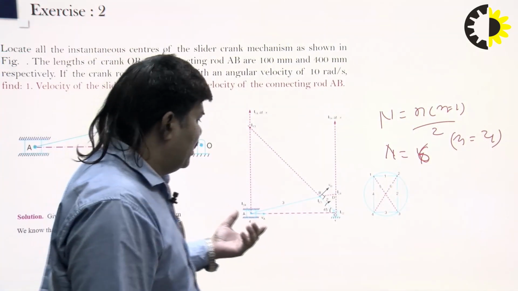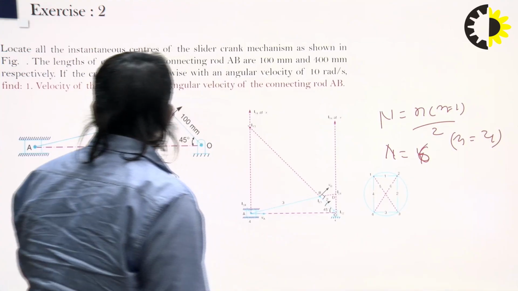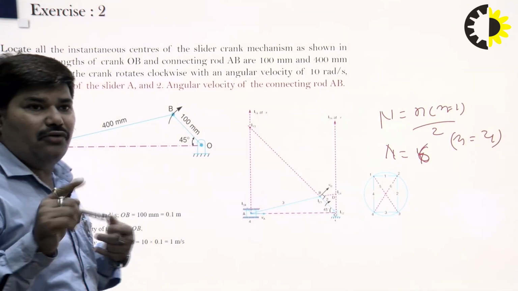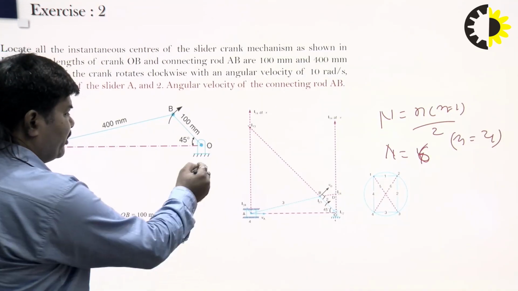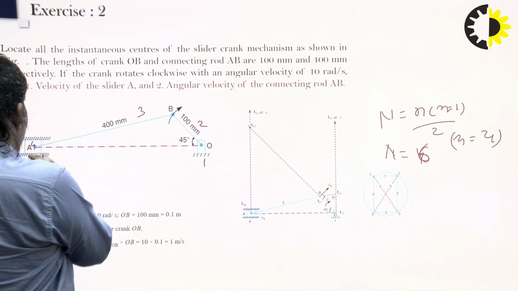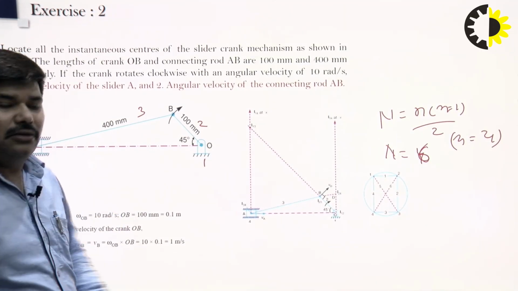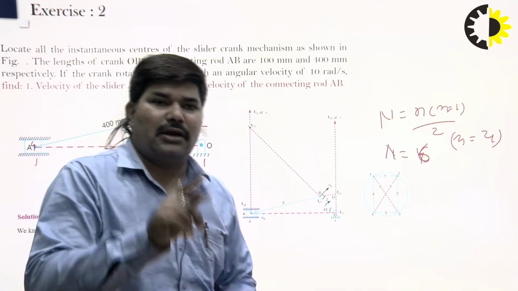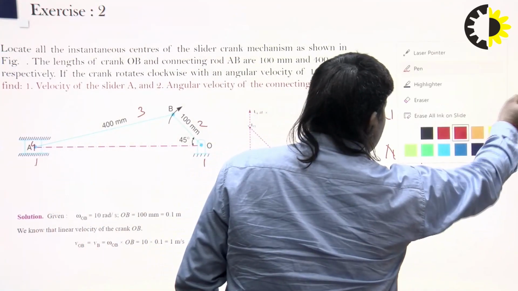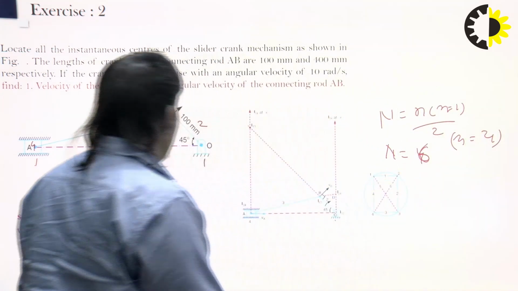Basically you can see I14, that's the slider 4. If you count the number of links, all the fixed links are counted as 1 link. So if you draw these instantaneous centers here, what will happen?